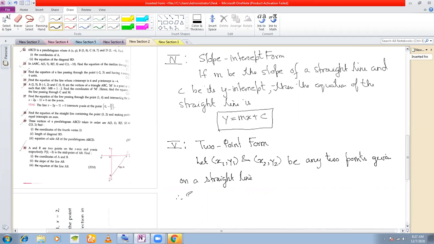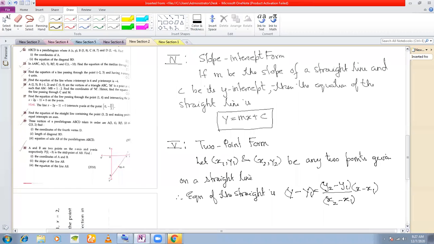Therefore, equation of the straight line, in the 2-point form, is y minus y1 is equal to y2 minus y1 by x2 minus x1 into x minus x1.